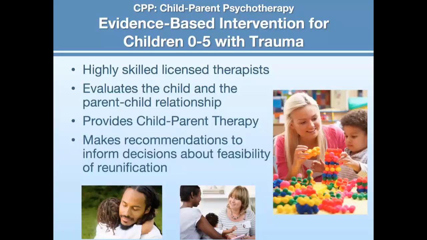We also have concurrent planning from the beginning, so we don't wait until 12 months have gone by and then the mom relapsed, or there's some reason that she's not going to get custody. From the get-go, we say, okay, we're going to give you every tool in our toolbox. We're going to do everything we can to help you.